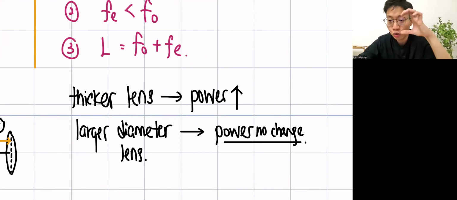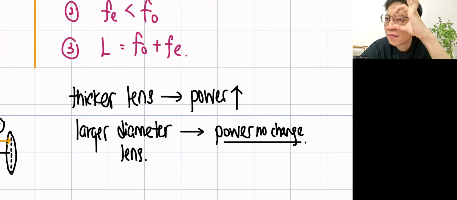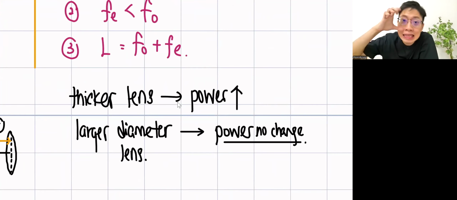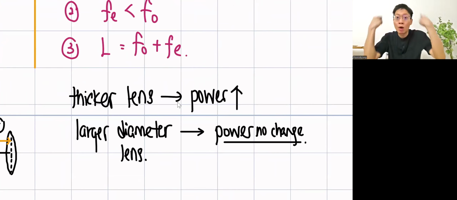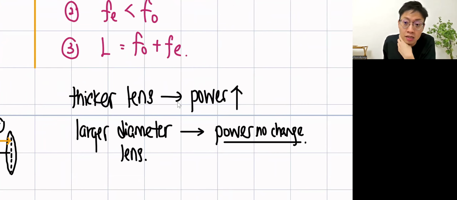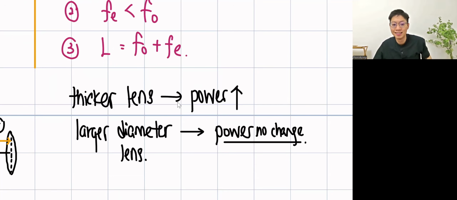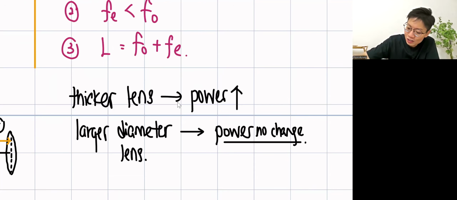See, guys, look at my specs. This is the circle. Now, if the diameter is larger, if my specs are rounder, bigger, does it mean that my eyesight is worse? No, right? Does it mean higher power? It's just that my specs are very big. It doesn't change anything, right? So larger diameter doesn't affect power.